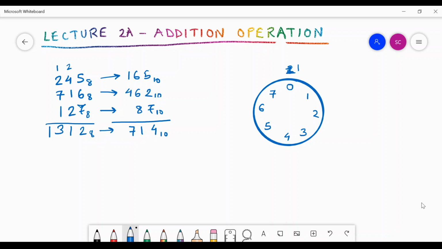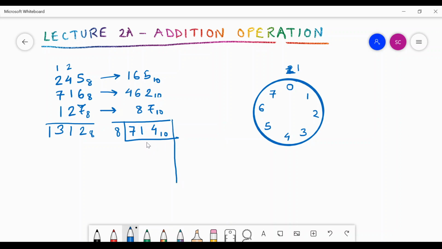How can you verify? You can also verify by doing the division algorithm on 714. Because sometimes conversion of these 8 cube you have to do, so you might not have the calculator with you. So you simply do the division here.